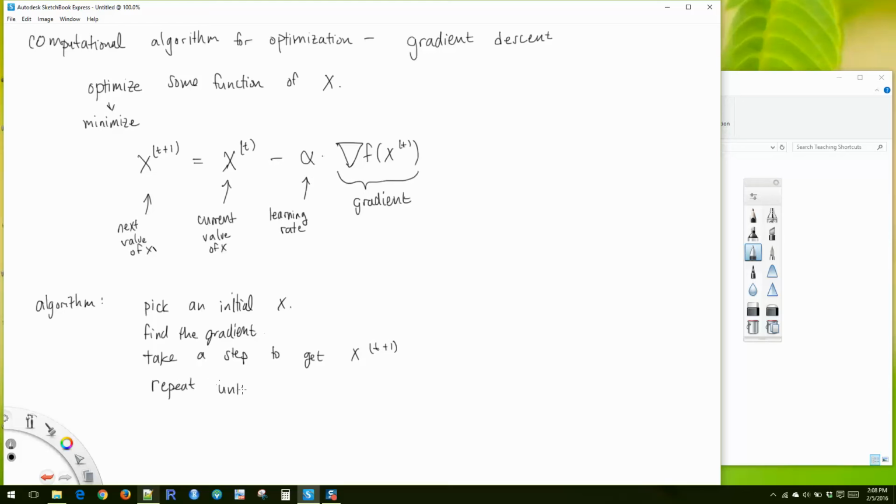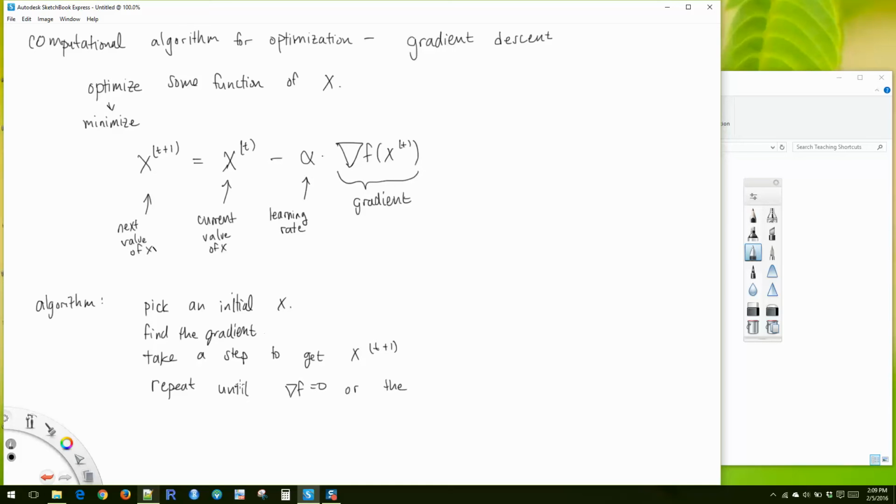Repeat until the gradient is equal to 0, or the difference between x and x at t plus 1 is really tiny. Okay? For the x t, does that say constant or current? Current. Sorry, current value of x. Okay?